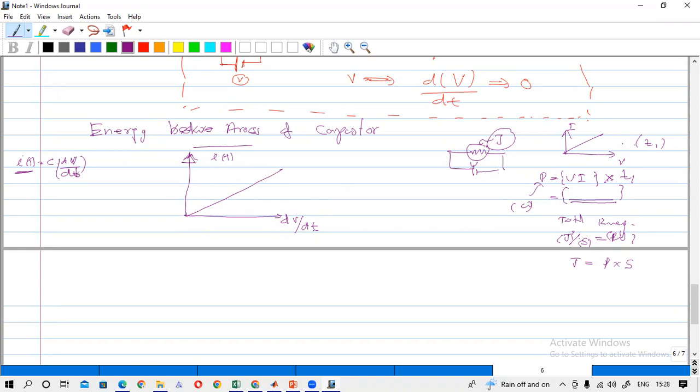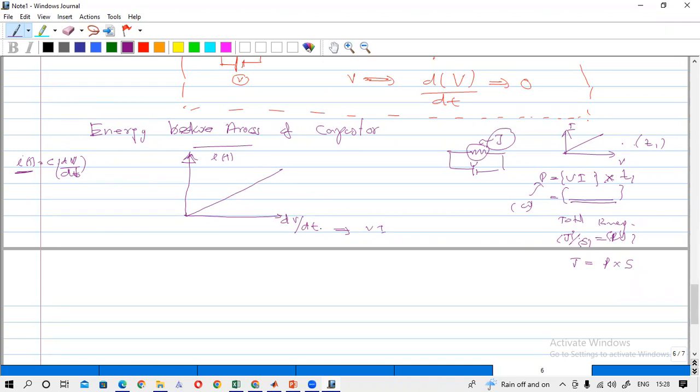But if you want the voltage with respect to the current, the VI characteristic is somewhat complex, because the integration is also there.